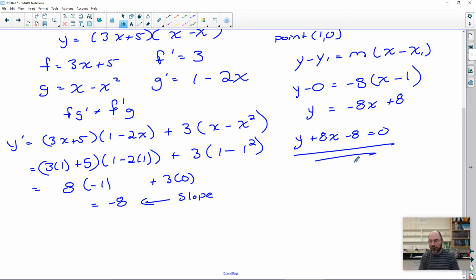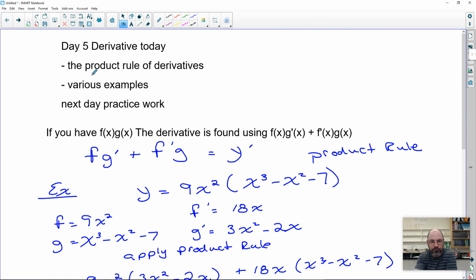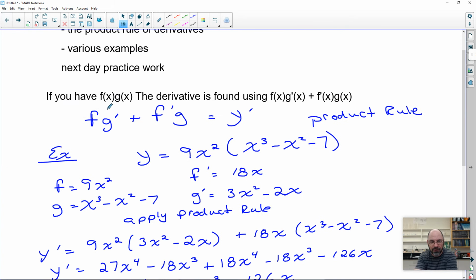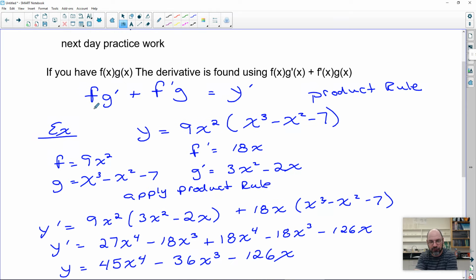Okay, so next day will be some practice with the product rule. Let's just do a quick review here. So for the product rule, if you have f of x times g of x, two expressions multiplied together, you can simplify and find the derivative by doing f g prime plus f prime g, or you could switch these two around, it doesn't matter.